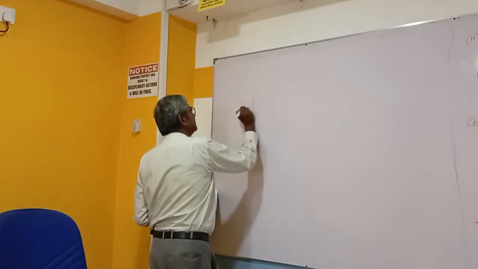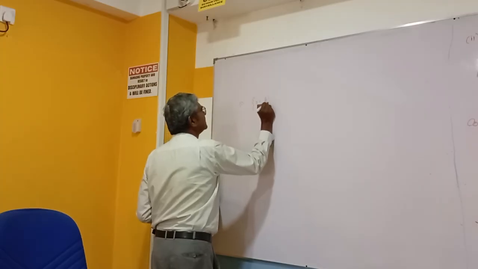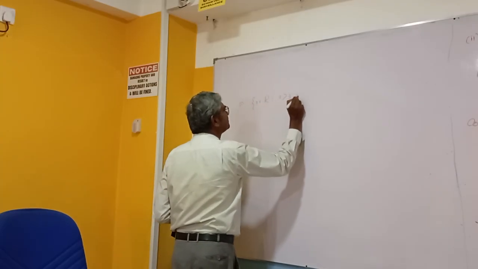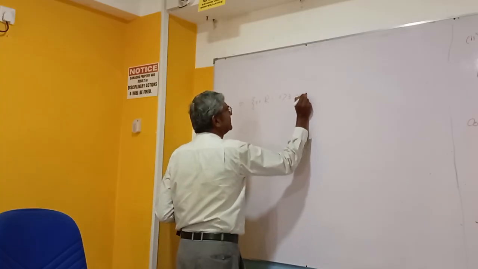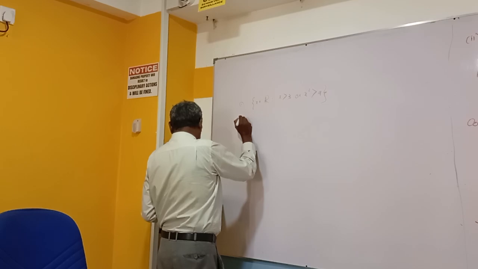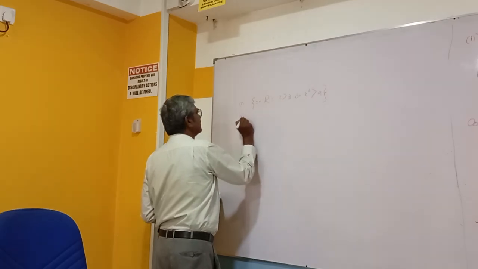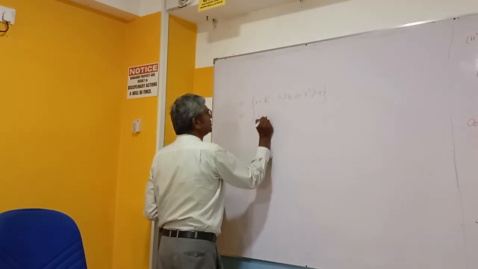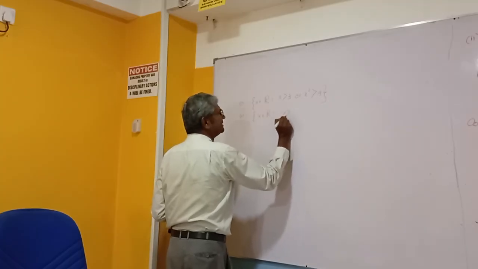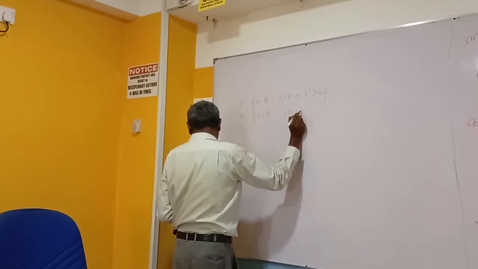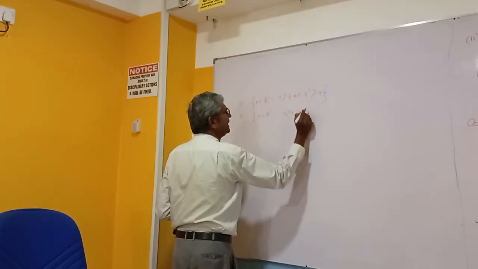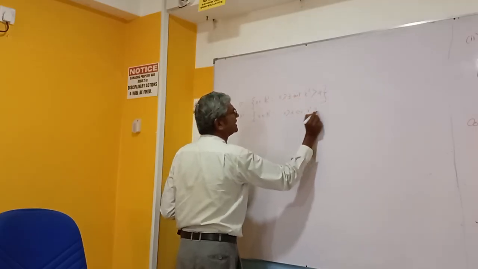Roman 1 is the set of all x belongs to R such that x greater than 3 and x squared greater than 9. Roman 2, the set of all x belongs to R such that x greater than 3 or x squared greater than 9.